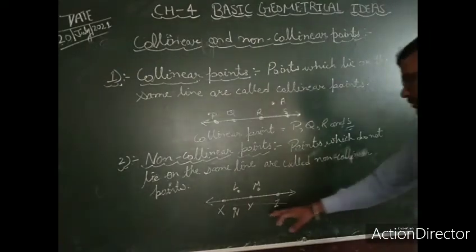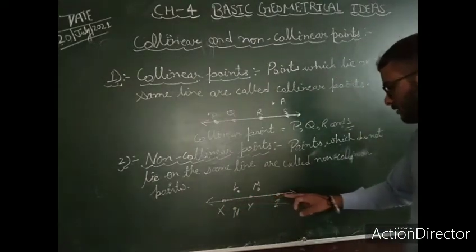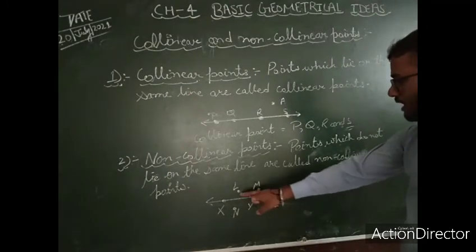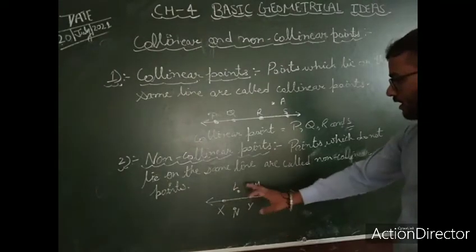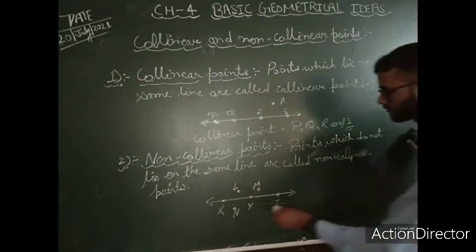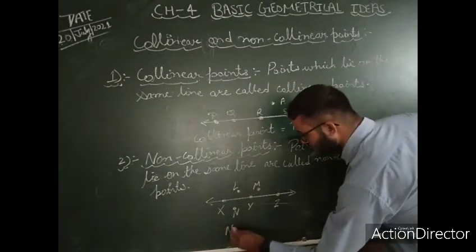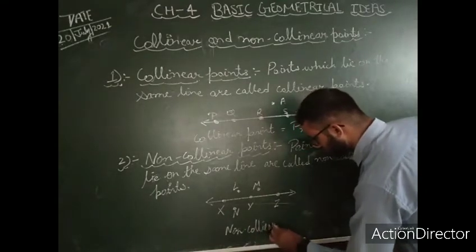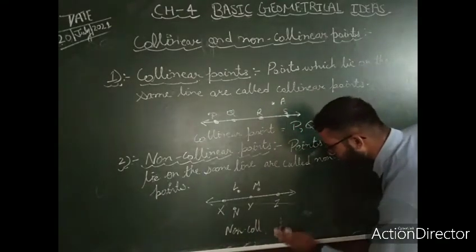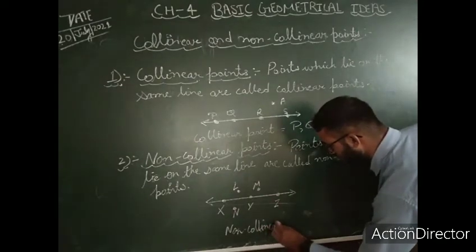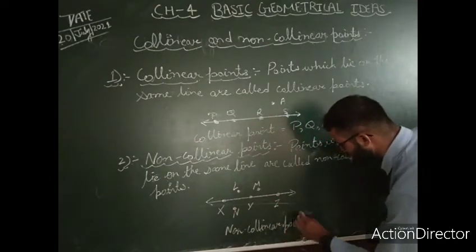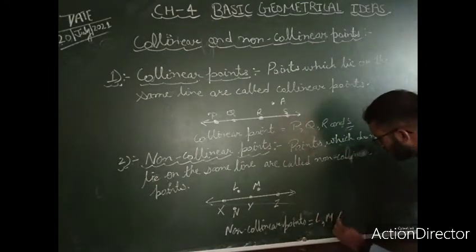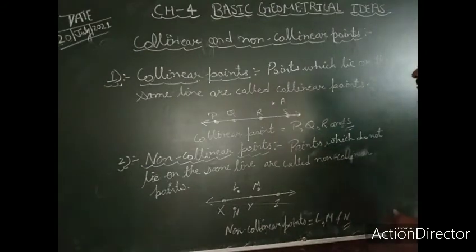So these 3 points X, Y and Z lie on the same line, but not the points L, M and N. These do not lie on the line. So here we say that these 3 are non-collinear points. So here we write non-collinear points equal to L, M and N. Right?